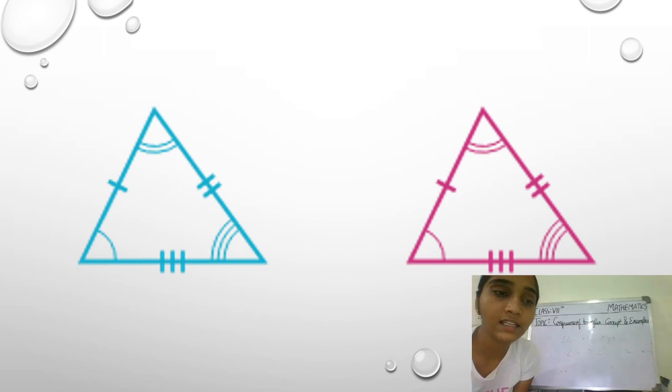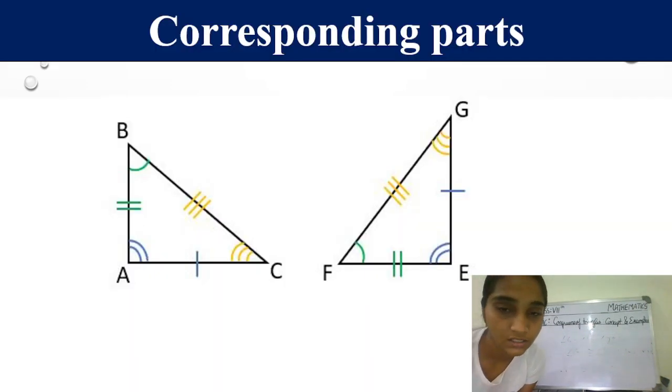Now students, let us discuss the corresponding parts of a triangle. What are the corresponding parts? If you see over here, we have triangle ABC and EFG. Basically, what are corresponding parts?